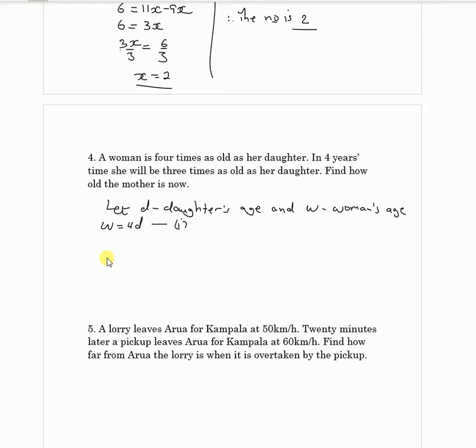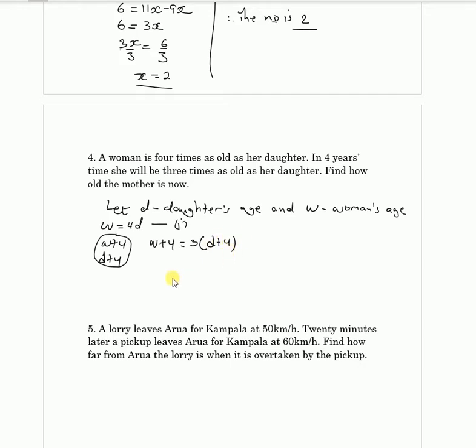So for the woman, W plus 4. For the daughter, D plus 4. And now these are their ages in 4 years time. And now they are telling us that in 4 years time, she will be 3 times as old as her daughter, implying that W plus 4 will be the same as 3 into D plus 4.